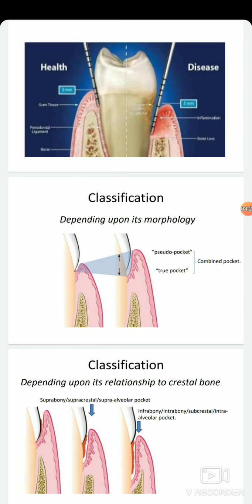And sometimes you see both the pseudo pocket as well as true pocket in the same condition. When pseudo pocket and true pocket occur together, that is considered a combined pocket.